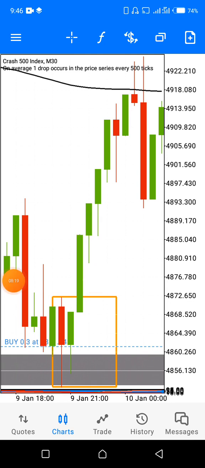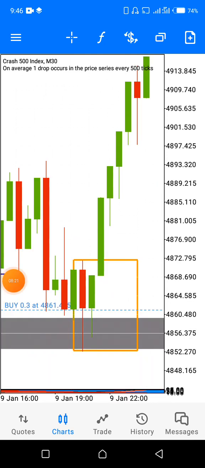If this box was broken with a red candle here, then it means that all this setup did not hold. Then I will take my sell entry from here. But since it broke above using a green candle, a bullish candle, this is where I'm supposed to take my entry if I had waited for this third confirmation.